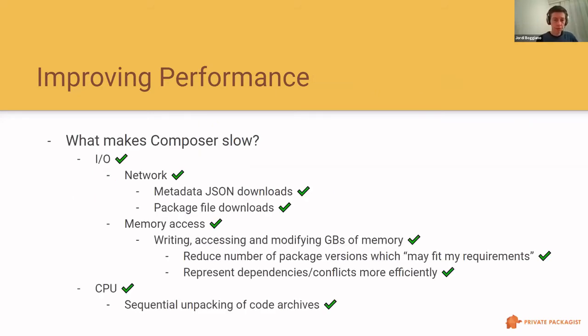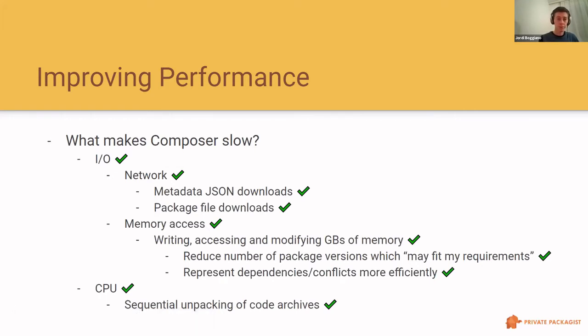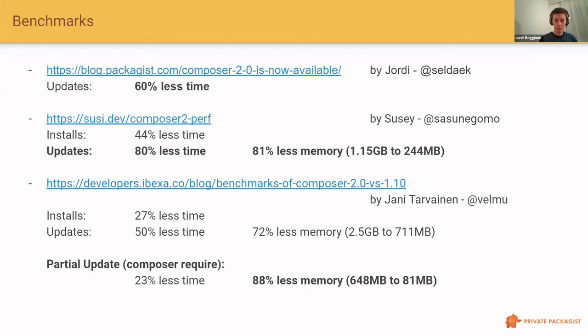So with all that done, we end up fixing pretty much all of the points we highlighted initially, and we have really massive speed improvements. I did benchmark a few things and found around 60% improvement, but this is really hard to put a number on, because it very much depends on what you're doing exactly, which dependencies you have, and so on.